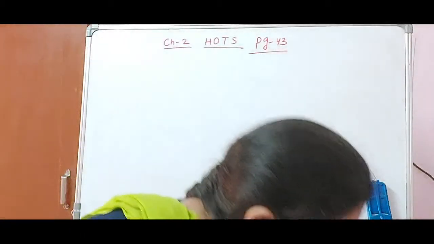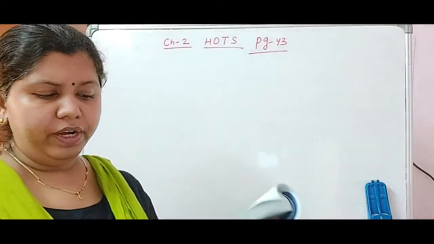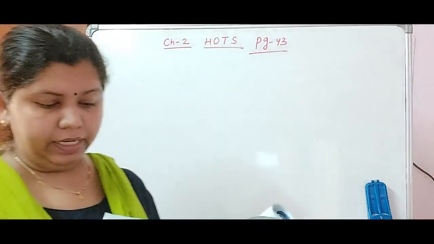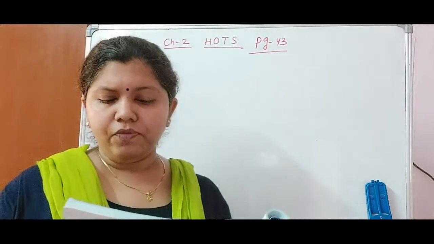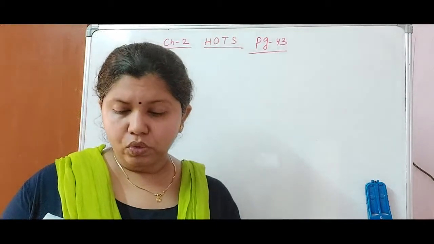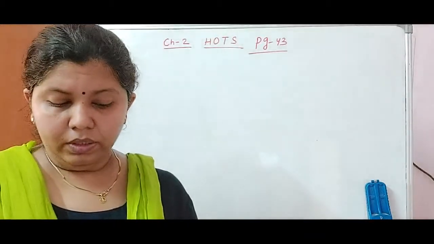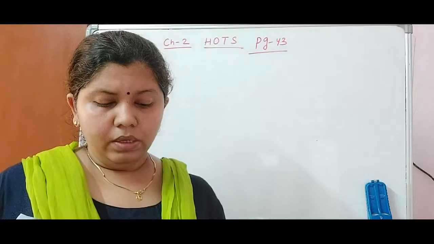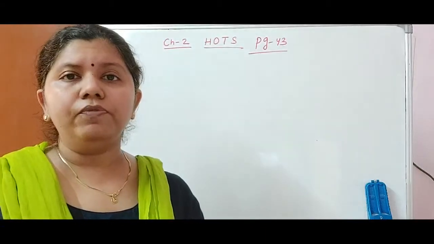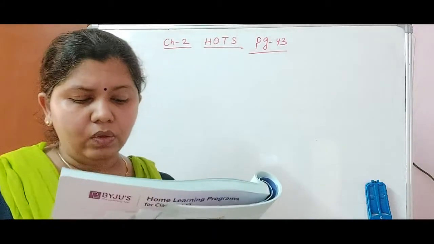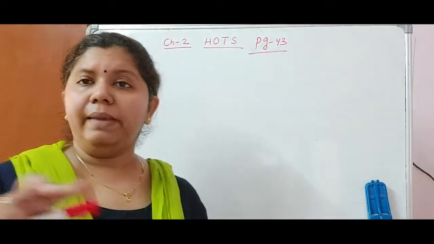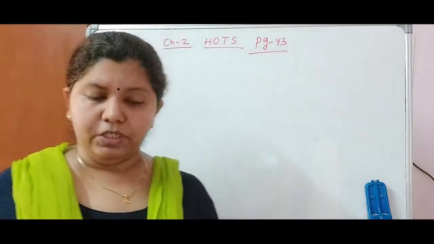In the first question, it is given 4 different NGOs A, B, C and D collected funds for a noble social cause. Their total collection was rupees 2 crores 50 lakhs 68,900. Means A, B, C, D total collection was this much.